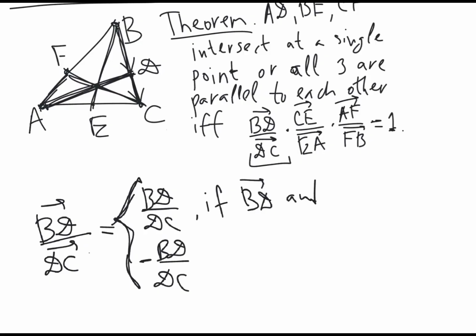So it's equal just to the ratio of the segments if the vectors BD and DC are in the same direction. And these two vectors are on the same line, so we can talk about direction.